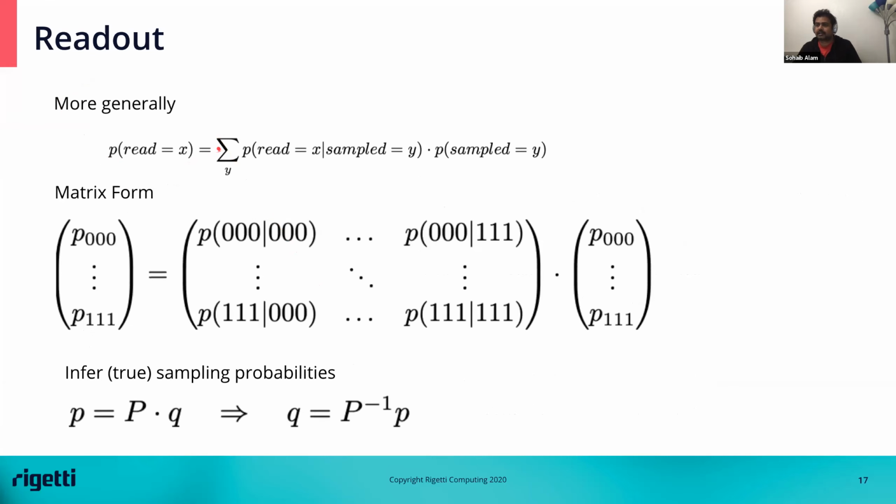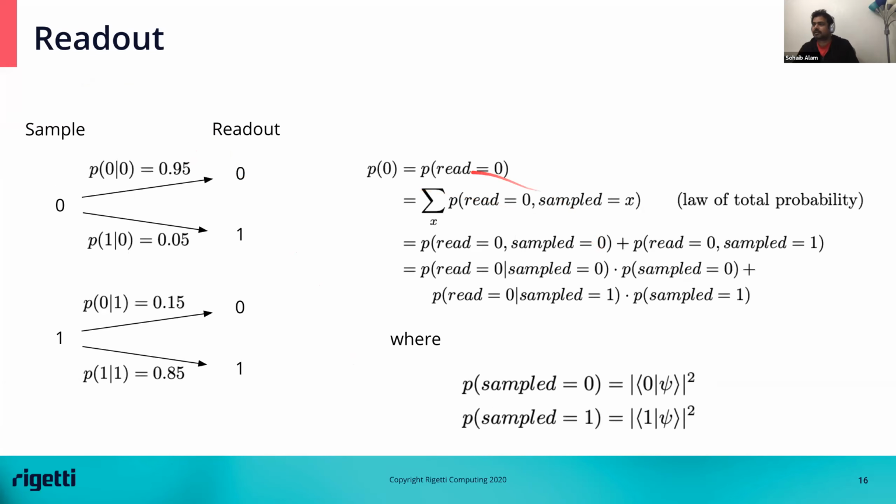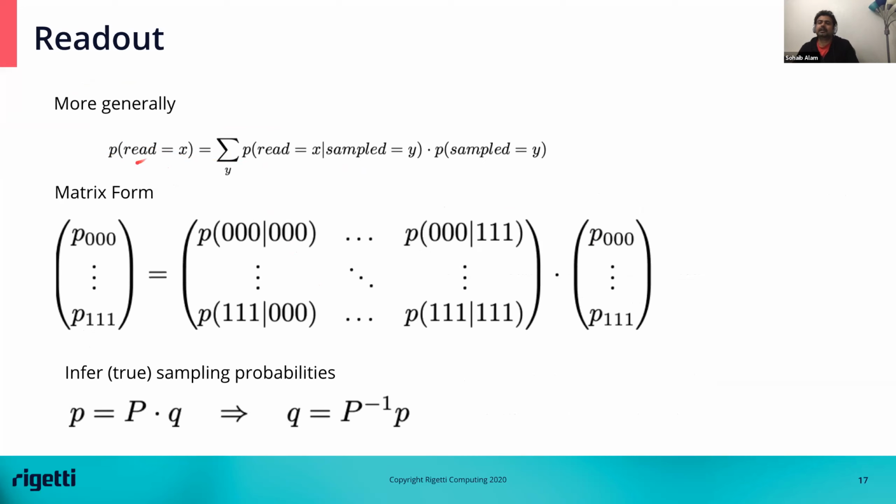So I can generalize this previous statement, where I had, say, as an example, the probability of 0. I can say that the probability of my bit string being read out, in fact the probability of all my measured qubits coming out in some configuration that gives the bit string X, is really the sum of the following thing, right?